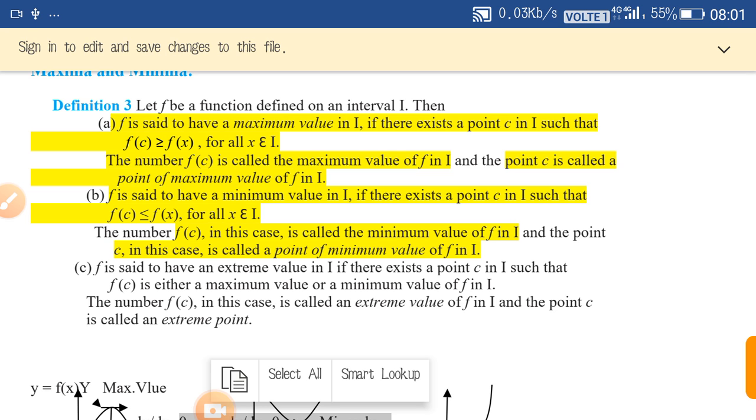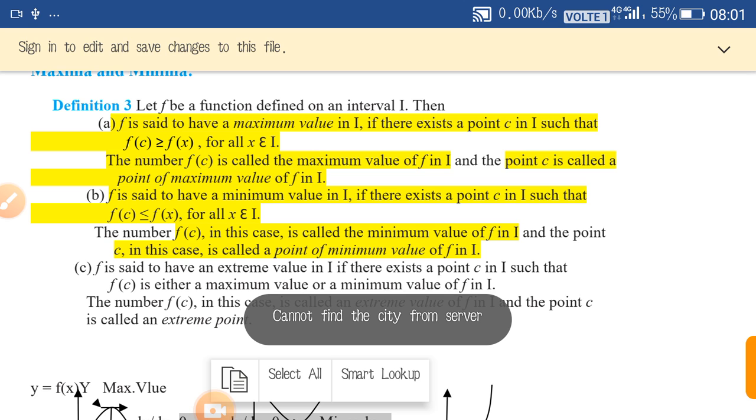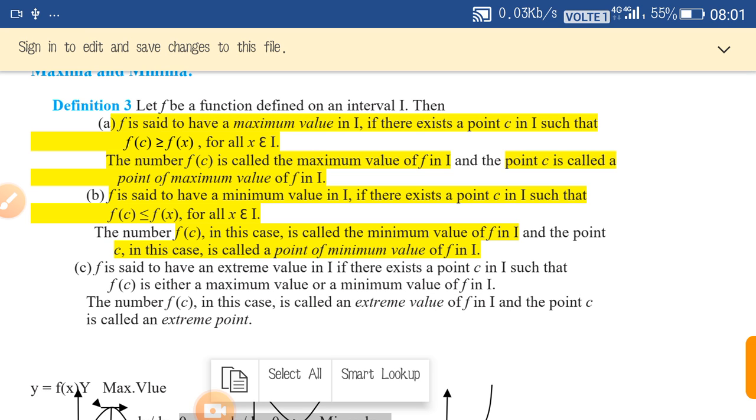Then we say that f(c) in this case is called the minimum value and the point c is called the point of minima.